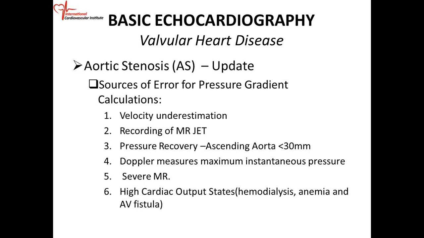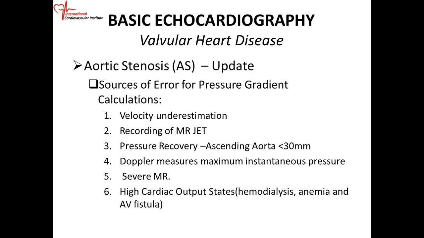Also, situations where you have high cardiac output. Anything that increases the cardiac output increases the velocity, and hence 4v squared, the gradient, is going to increase. So things such as hemodialysis.